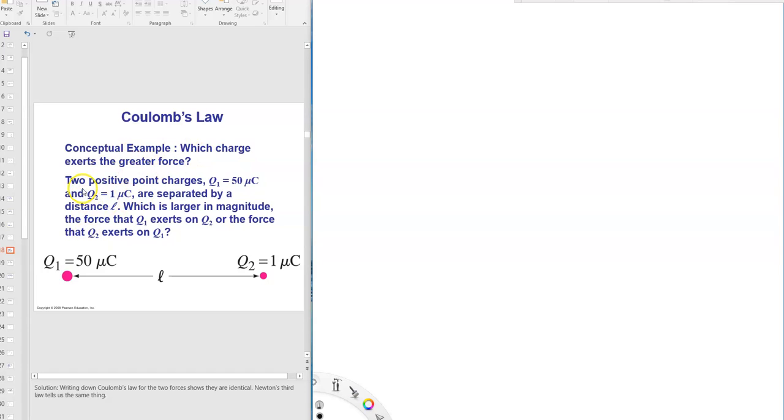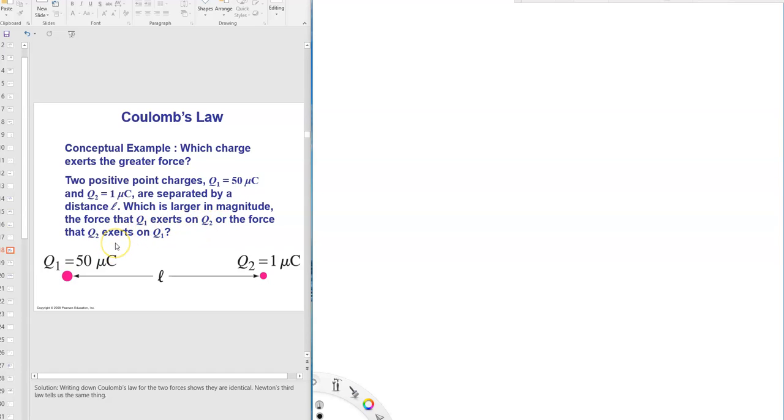So let's try this example. Two positive point charges, Q1 is 50 microcoulombs, Q2 is 1 microcoulomb. So here's Q1, 50, on the left, Q2 on the right, separated by a distance L. Which is greater in magnitude, the force that each exerts?